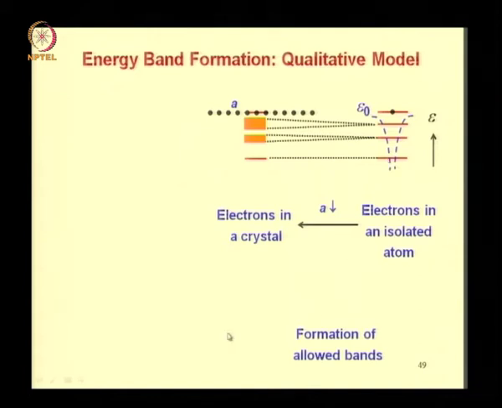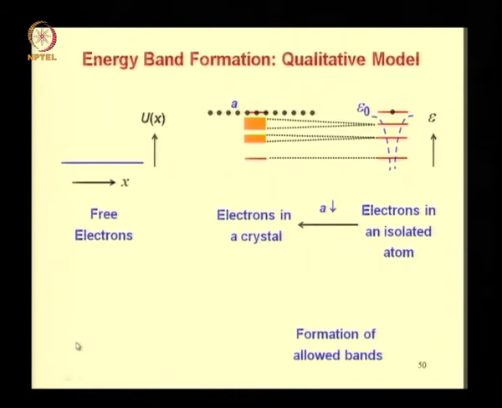In contrast, you can have an alternate approach. You start from free electrons. Now free electrons have a constant potential subjected to them, while an electron in an isolated atom is subjected to a potential well. So these electrons are in a potential well, while free electrons are in a region of constant potential.